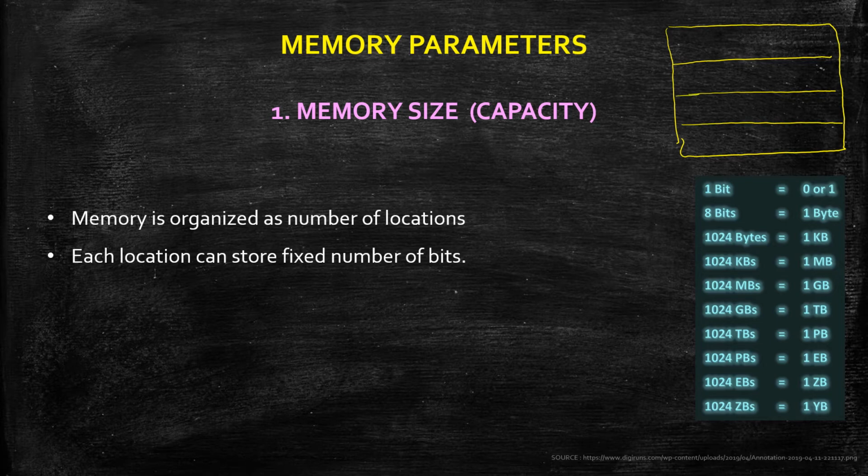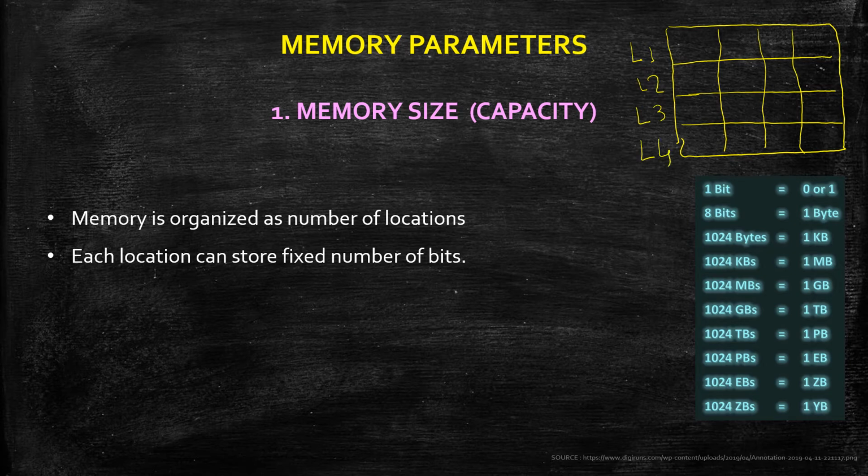So 1, 2, 3 and 4. So this is the memory, and I have organized it such that I have 4 locations: location 1, location 2, location 3 and location 4.